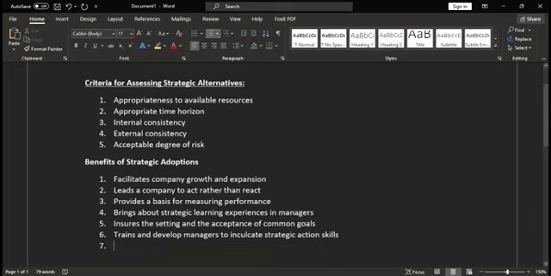Seven, it furnishes early indication of financial needs and other needs as well.